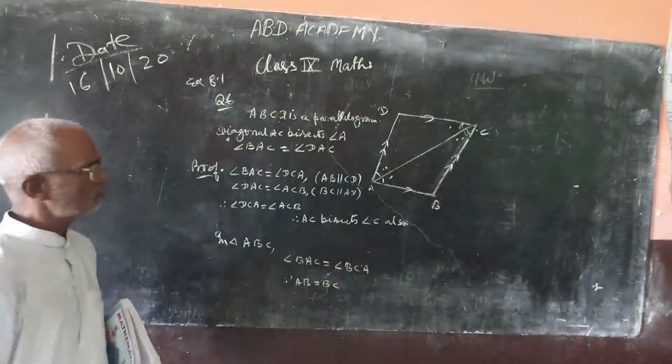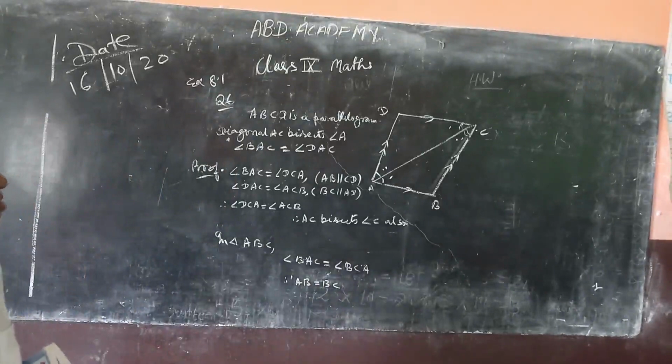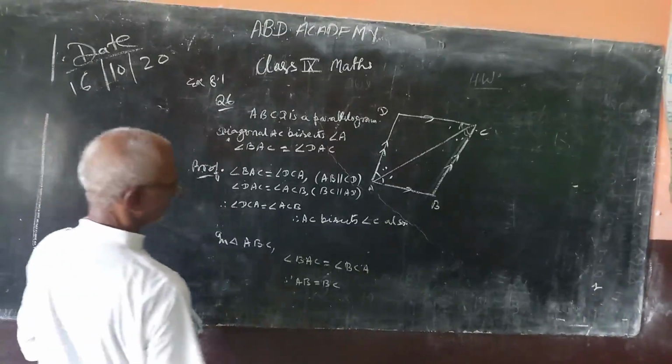When AB is equal to BC, and BC is equal to AD, all four sides are equal.